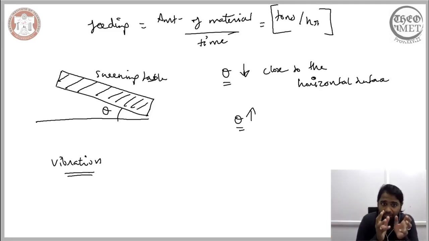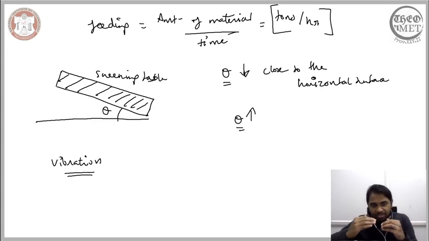Beyond a certain limit, there is a loss in the feed you provide, and the damage to the screening surface also increases when you increase the vibration above a certain limit. But usually those limits are not reached on an industrial scale.